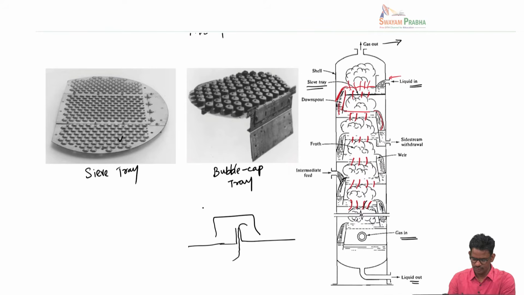The gas will have to go through and then take this kind of path. This allows good control of bubble formation and transport. There are many other kinds of tray, but predominantly used trays are the sieve tray and bubble cap tray. These allow transport of gas from one tray to the other. So that is about the structure of this particular tray column.